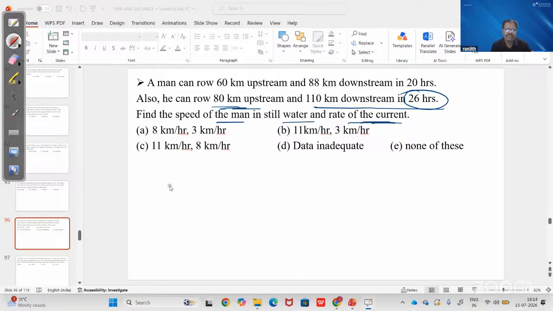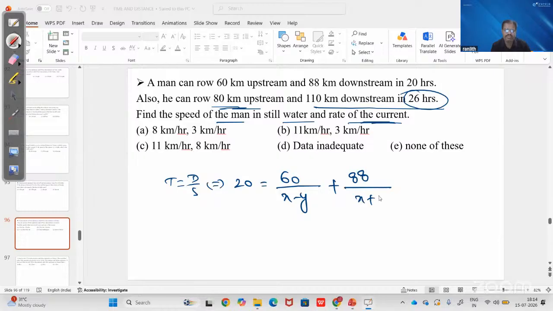So time equal to distance by speed, whereas time equal to 20 hours, distance equal to 60, upstream will be x minus y, and downstream equal to 88 divided by x plus y.